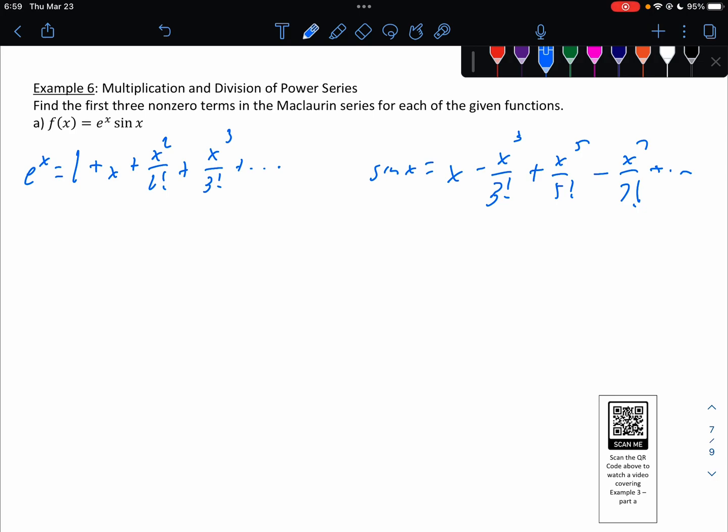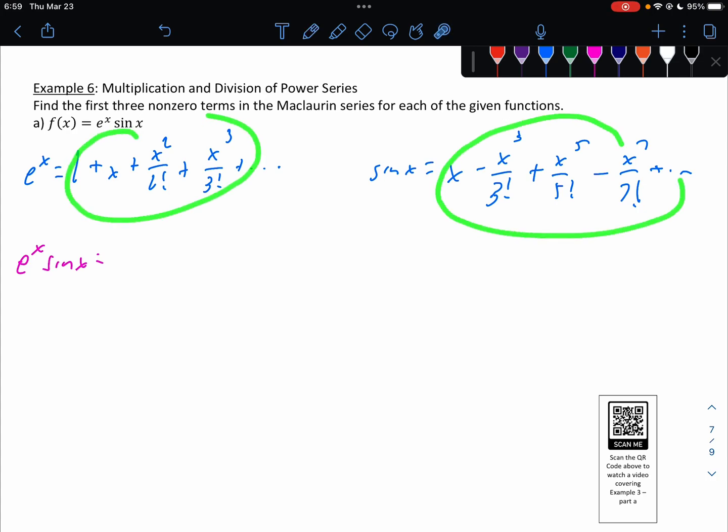All right, so now what we want to do is multiply these series together. Okay, so therefore, e to the x sine x is going to be, now we're just going to distribute all these terms to all these terms.